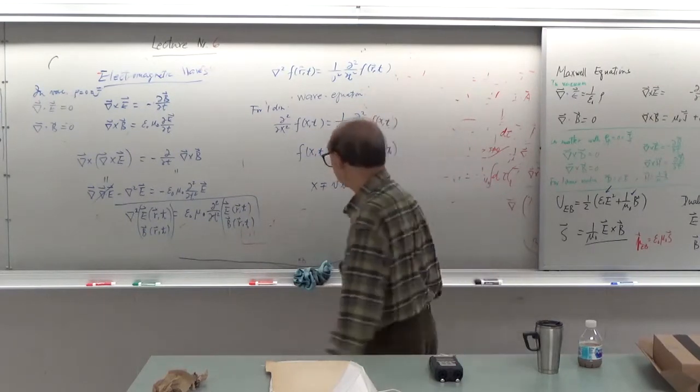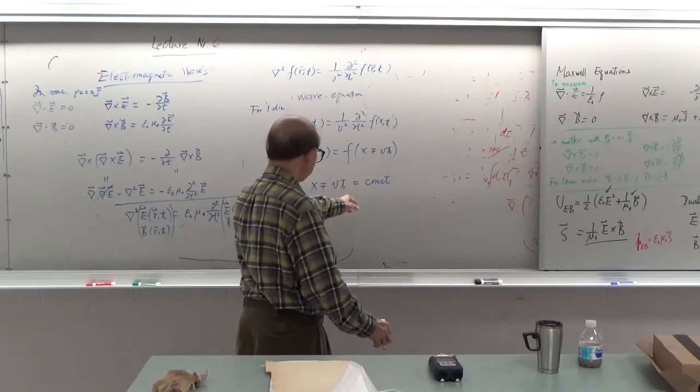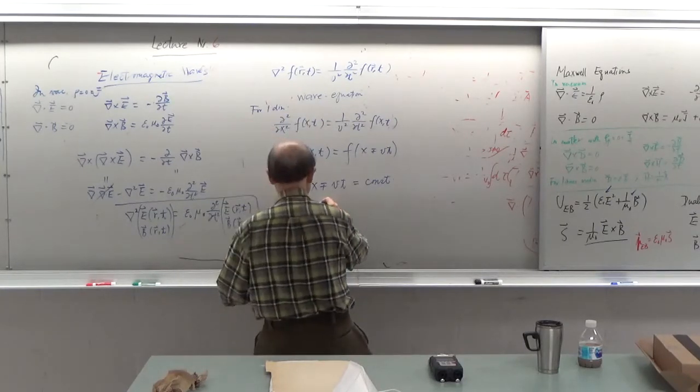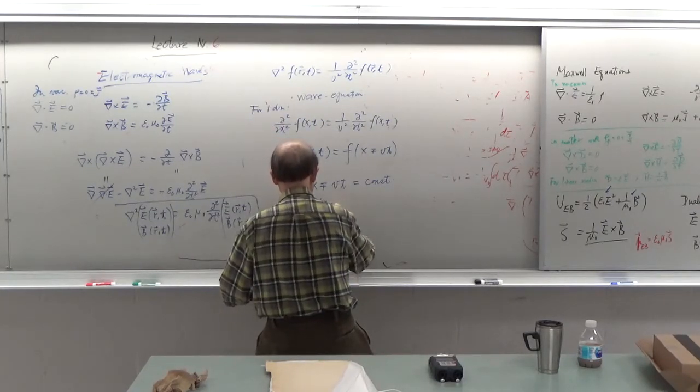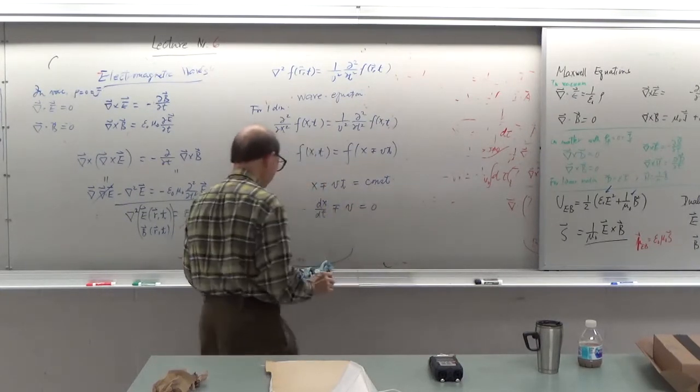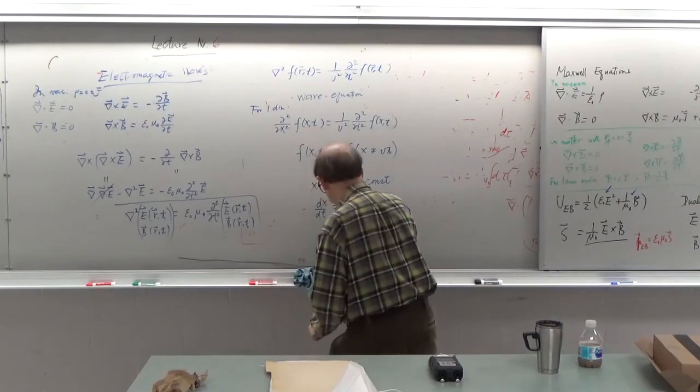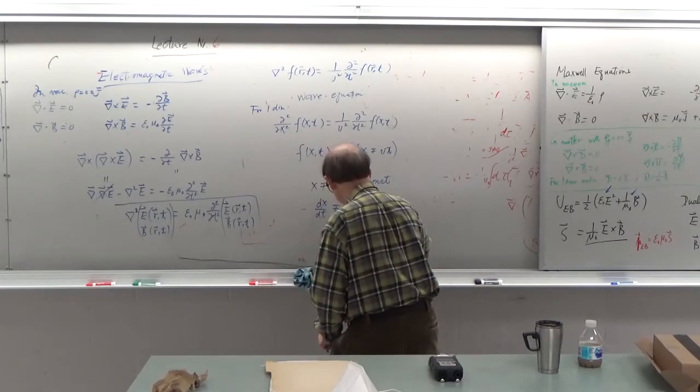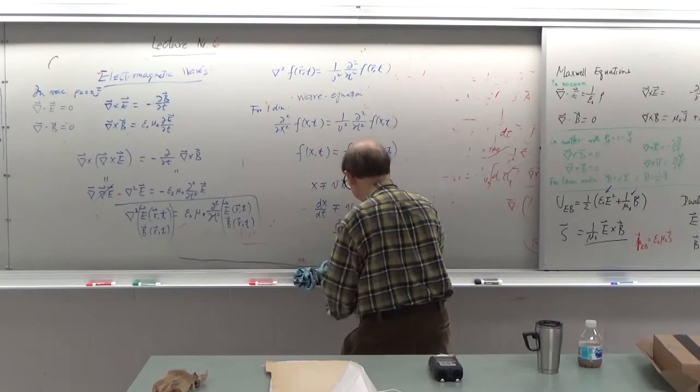And we can now take a derivative with respect to time for this equation. So that you have dx by dt minus or plus v is 0. So the dx by dt is plus or minus v.